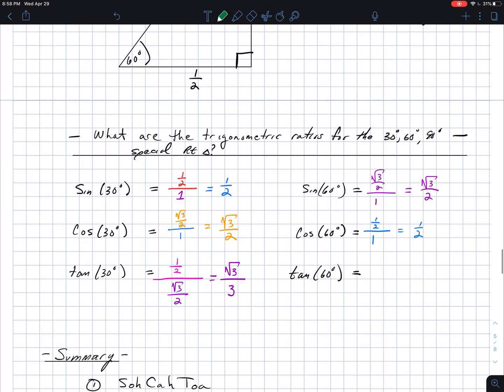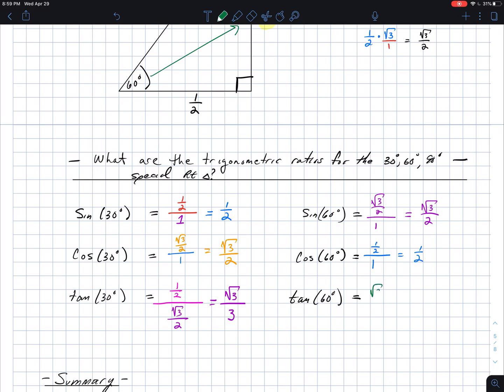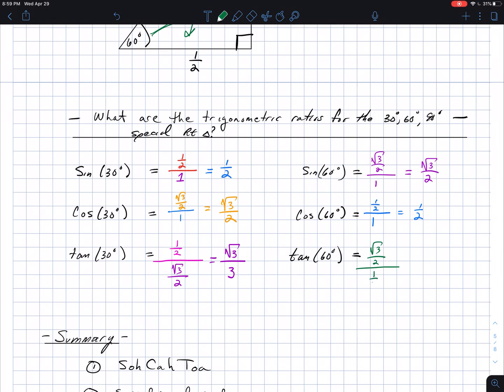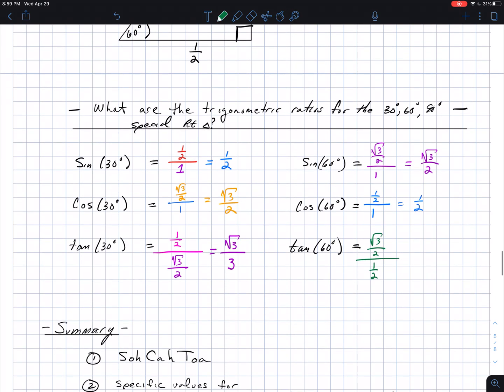Okay. The tangent of 60. Tangent, TOA. Tan is opposite over adjacent. So I look opposite, which is root 3 divided by 2, all divided by the adjacent, 1/2. Okay? So now that we have that relationship down, let's do the workout.